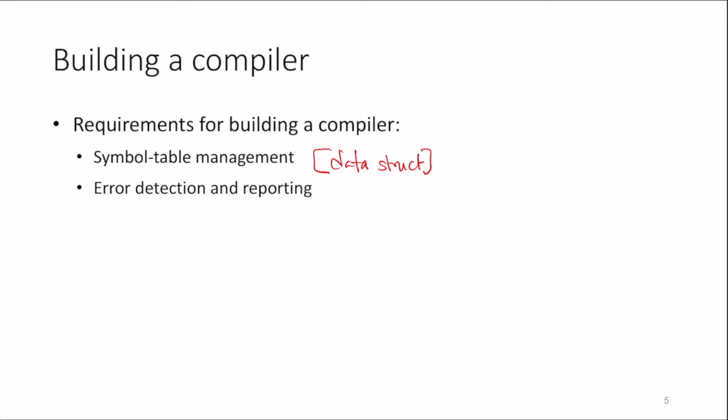So you need a data structure that will store the symbols and link the symbols together within the same program. Remember that linking symbols across different programs is done by a separate stage called a linker. We also need to make sure that we detect errors and report them. So we need some kind of error detection and reporting infrastructure, and we need to write code for that.